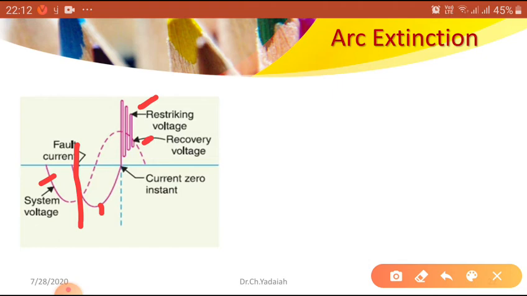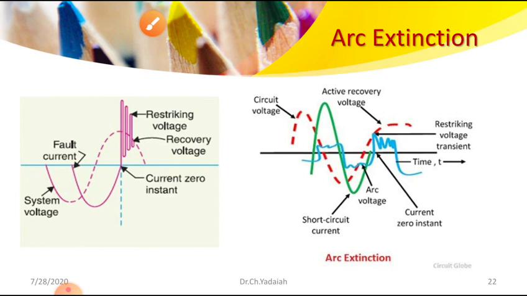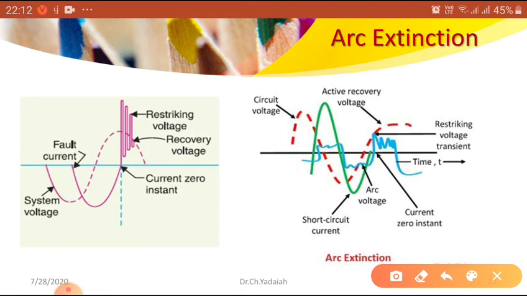At the same time, we have already seen this. It is the same thing, but in addition, here we can see the arc. At the current zero instant we get the arc voltage. This blue is the arc voltage. What voltage is present when the arc is present between the two electrodes?